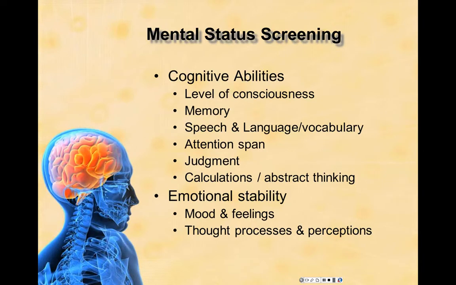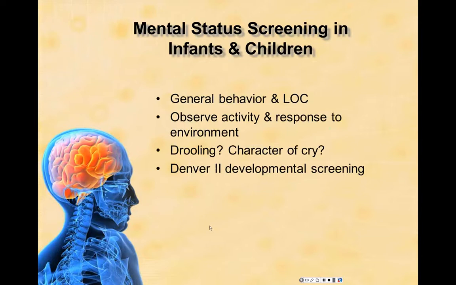Sometimes you may want to go deeper into evaluating cognitive abilities such as memory, and then calculations that would test their abstract thinking, and then sometimes judgment. There are specific tools that are used to assess cognitive abilities. Emotional stability, we would want to ask about mood and feelings, thought processes, and perceptions.